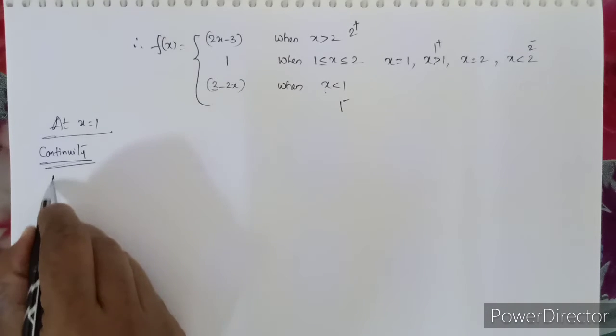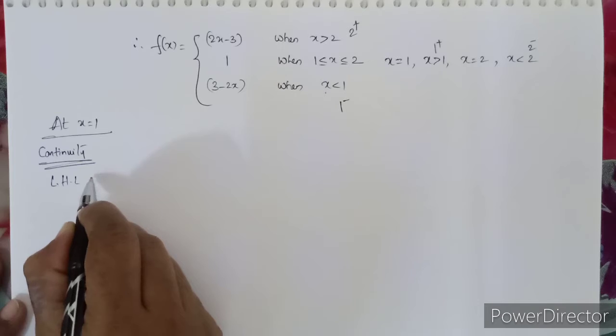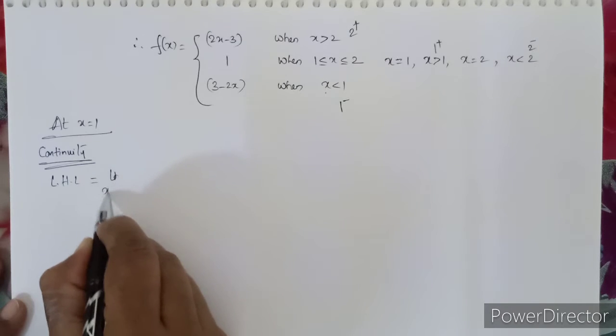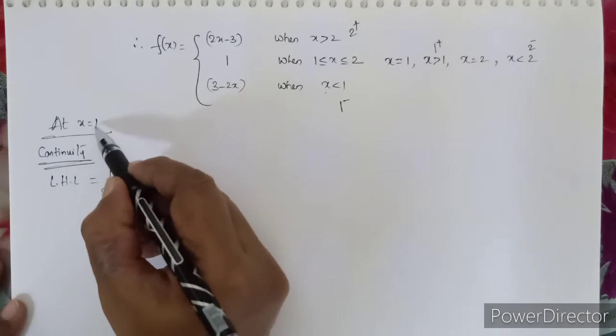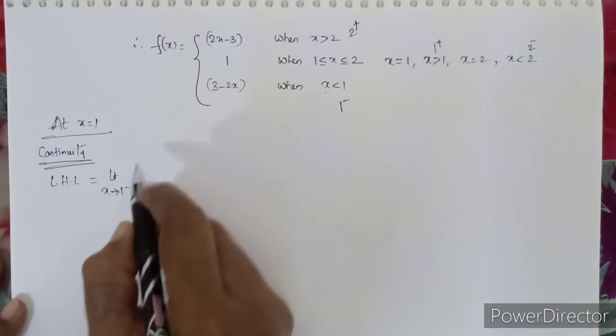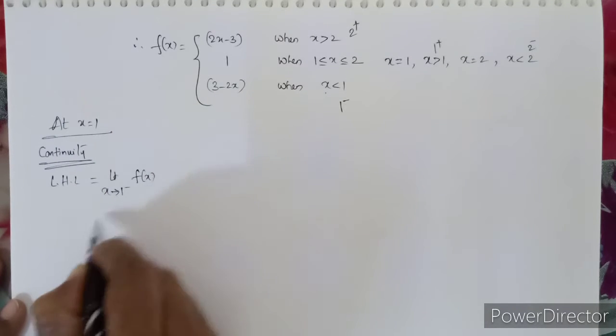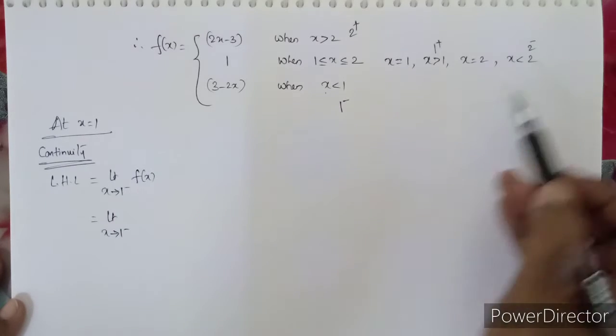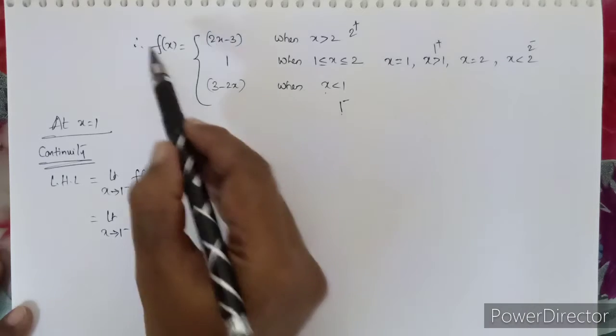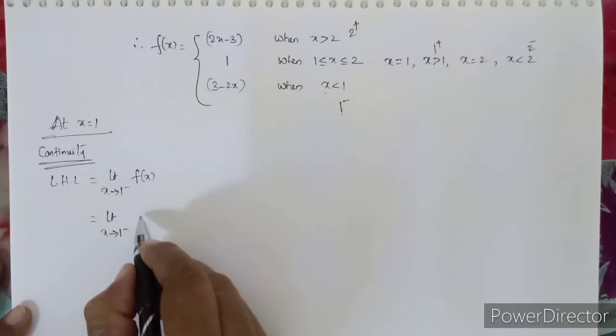First, left-handed limit. That means limit x tends to 1 minus f of x. Where it is 1 minus, f of x is 3 minus 2x.